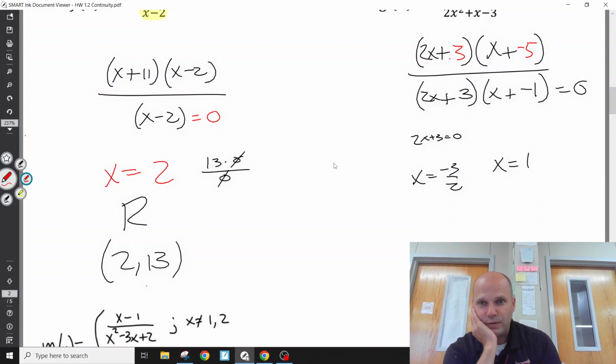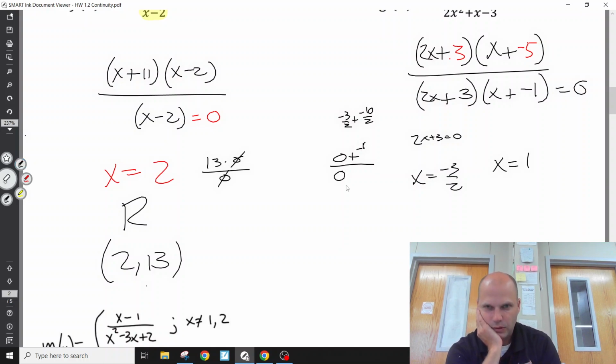If I plug in negative 3/2, I get 0 over 0. I can't figure that out with mixed numbers, so I'm going to use fractions. I get negative 3/2 plus negative 10/2, which is negative 13/2.